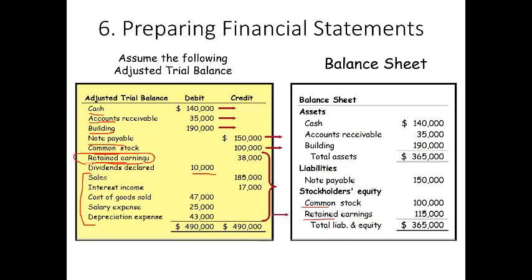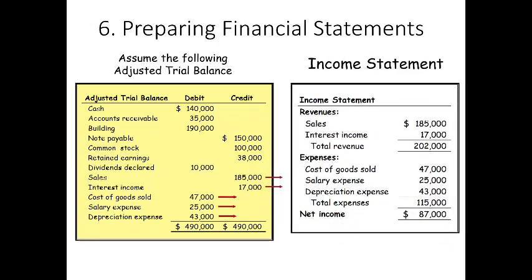This is your income statement. So sales are revenues, interest income is revenue, cost of goods sold is an expense, salary expense is an expense, depreciation expense is an expense. So again, retained earnings is beginning retained earnings minus dividends declared plus net income. Net income consists of all these revenue and expense accounts.